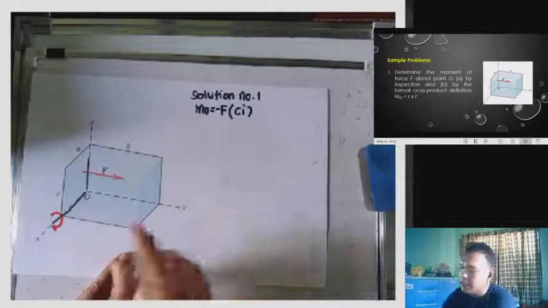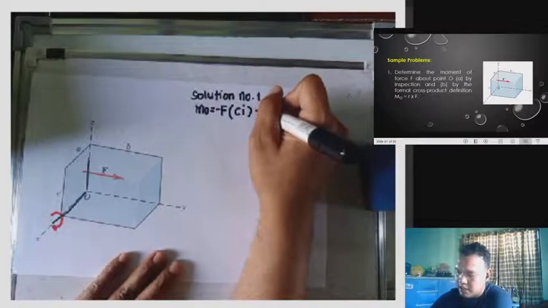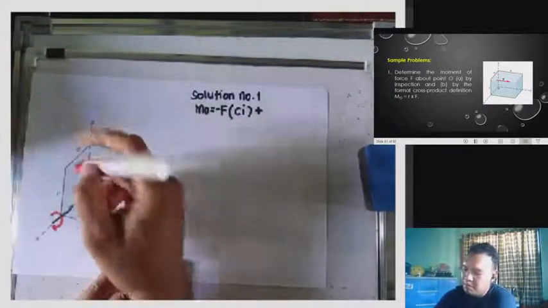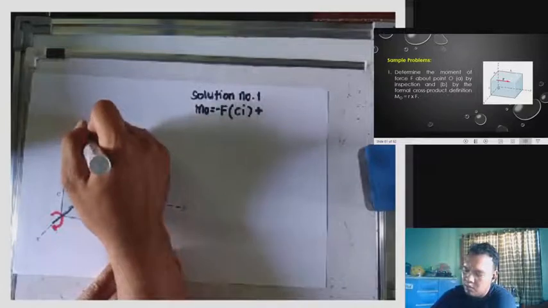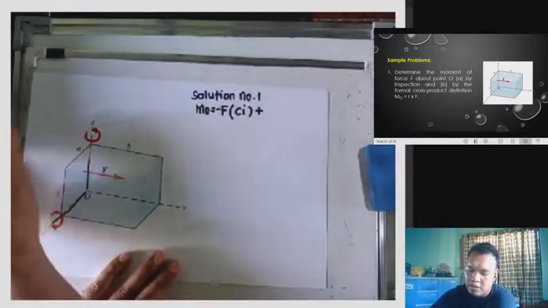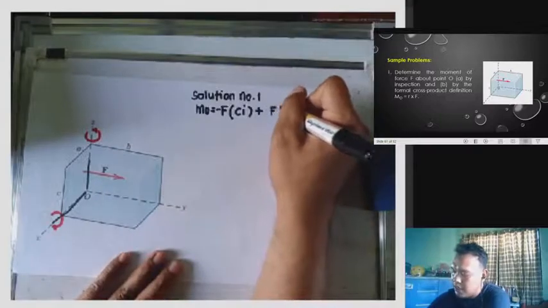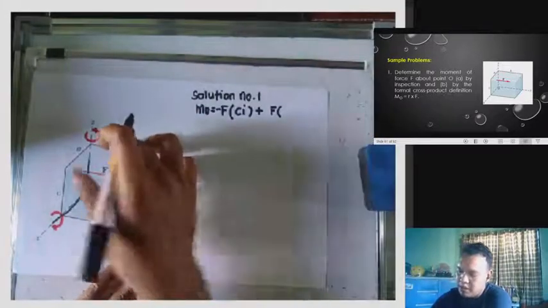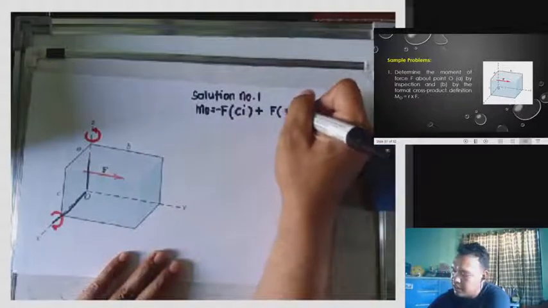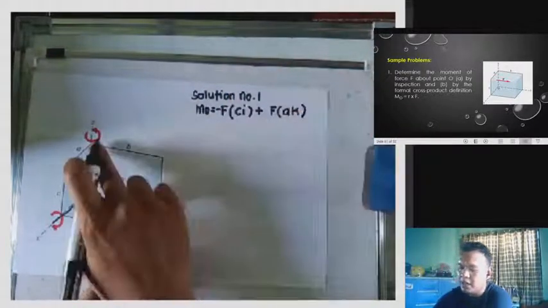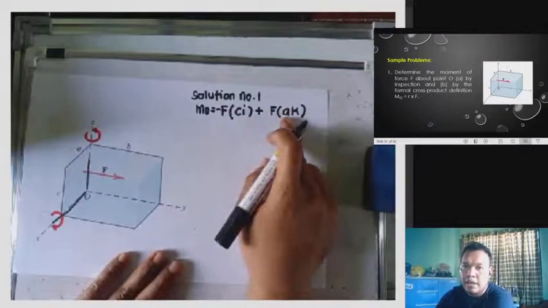Kasi, clockwise yung galaw natin. Then, plus, kung ito is papupuntahin ko sa z-axis, ang galaw niya ay pag ganito, ibig sabihin, ang moment ko ay counterclockwise. Therefore, positive po siya. So, we have here force times perpendicular distance A times K. Since nag-moment ka sa z-axis, meron kang K na kasama.